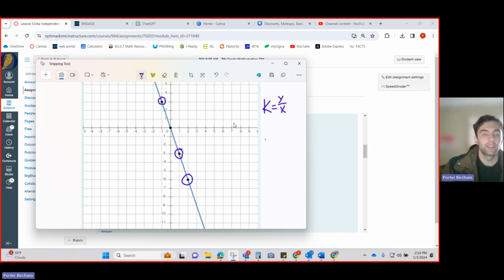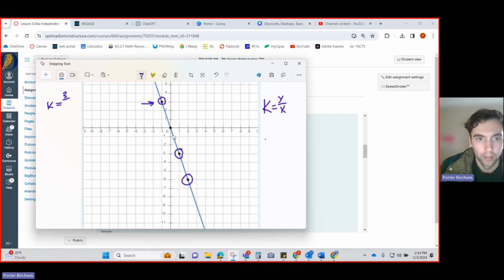The y value tells us how far up or down the graph we go. The x value tells us how far to the left or to the right of the graph we go. So for this first dot, how far up the graph do we go? 3. Nice.